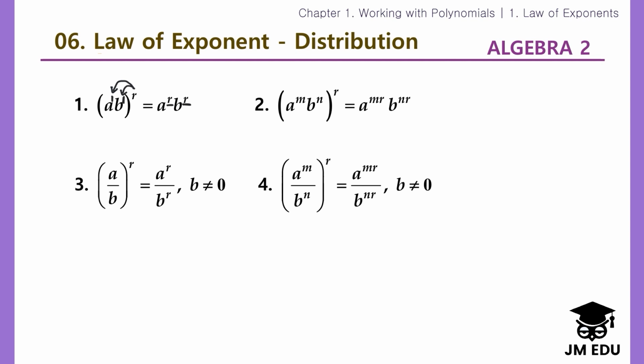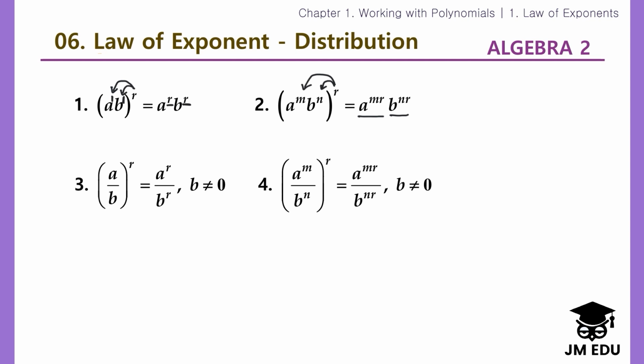For number 2, if we have the expression (A to the M, B to the N) to the power of R, then that's going to be R times M, so that's A to the power of MR, and R times N, so that's going to be B to the power of NR. Does that make sense?